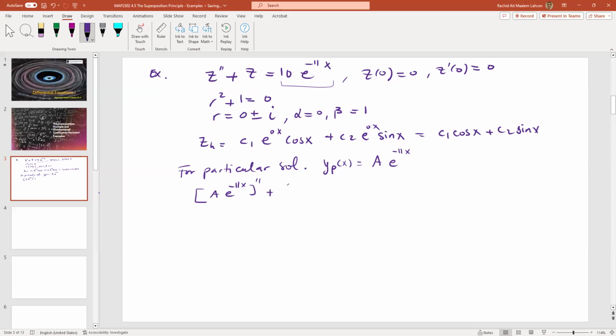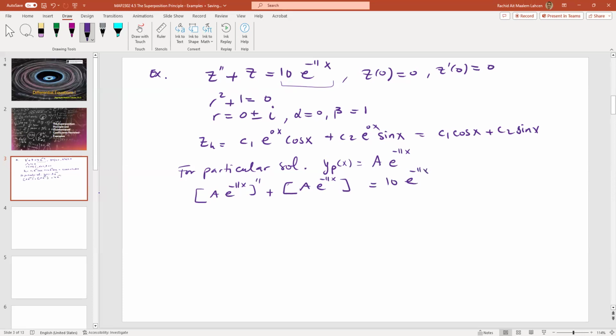We don't have the first derivative there, and we have a function equal to the right-hand side, the non-homogeneity in this case.